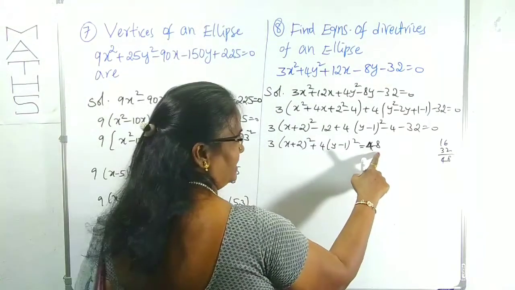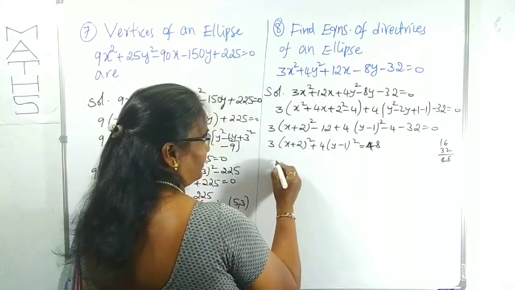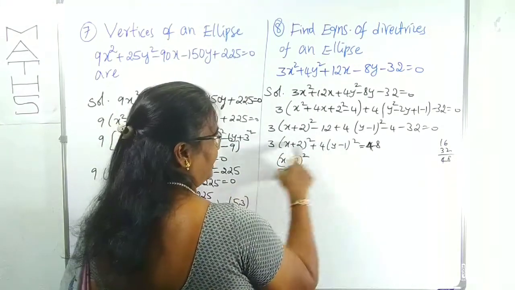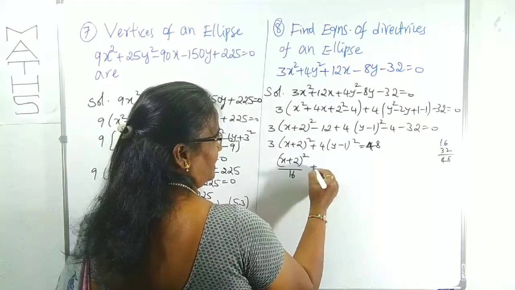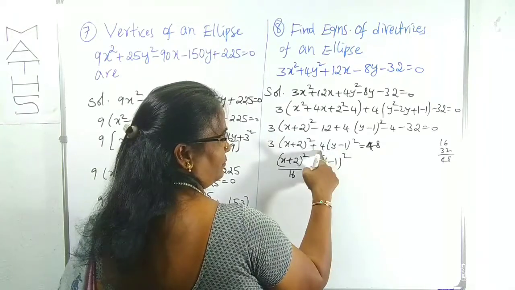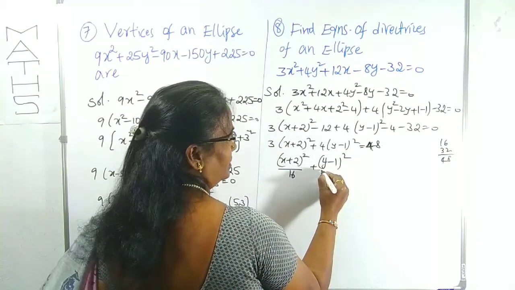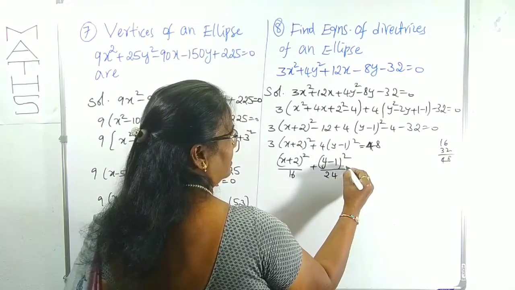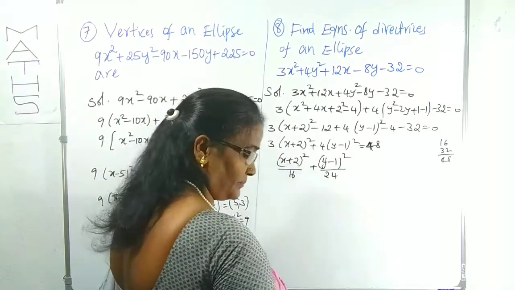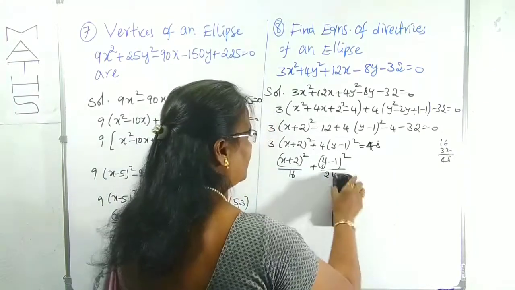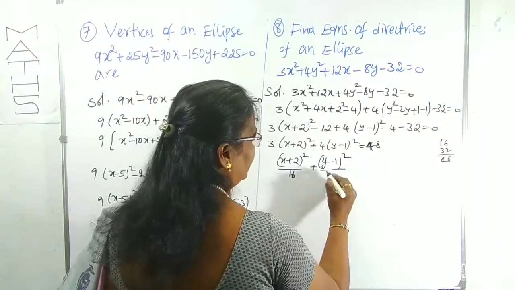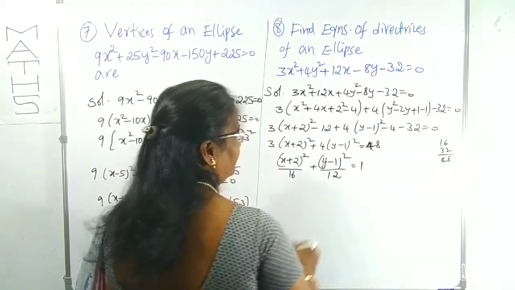To reduce into 1, divide by 48, that is x plus 2 whole square by 48 divided by 3 is 16, plus 4 into y minus 1 whole square. We can divide it by 4. 48 by 4 is 12. So x plus 2 whole square by 16 plus y minus 1 whole square by 12 is equal to 1, right?